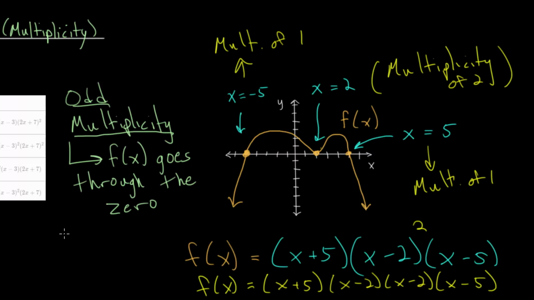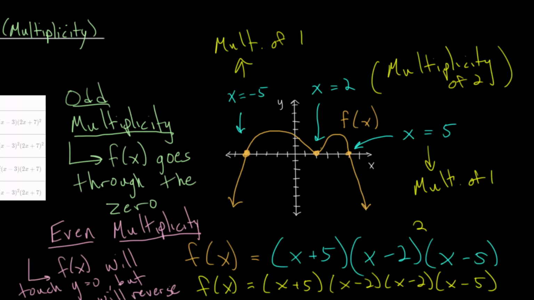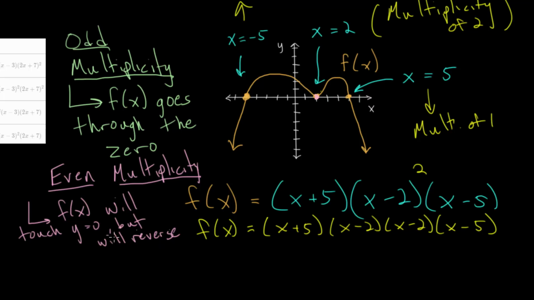So in that case, it will not go through the 0. It will only touch the 0. So this even multiplicity, the function will touch y equals 0. It will come down and it will touch this point, but then it will reverse and go back the other direction.